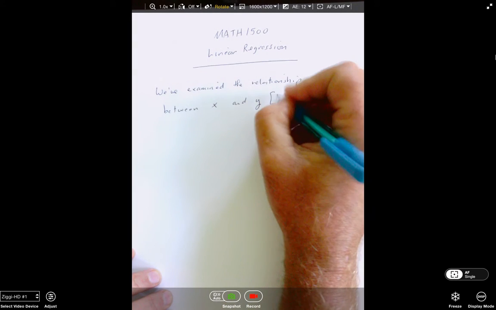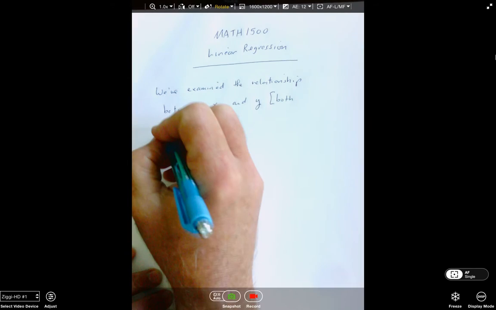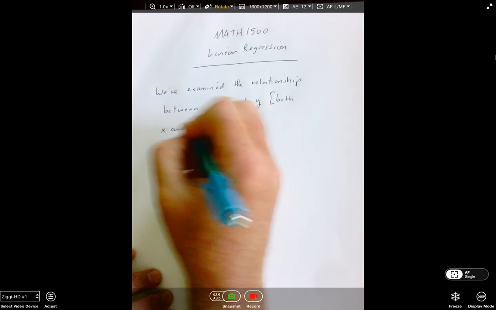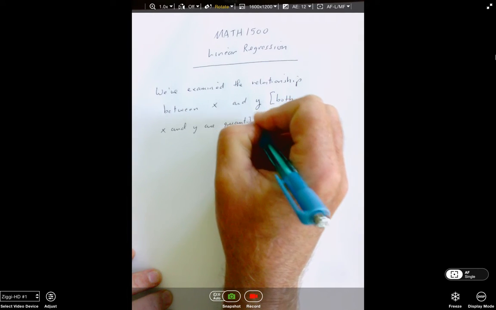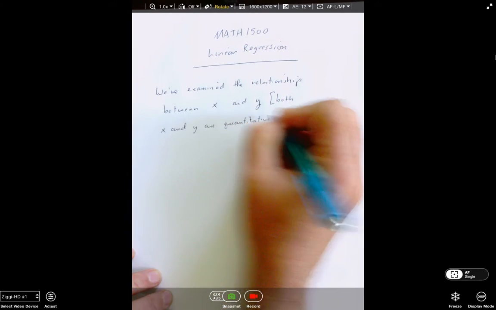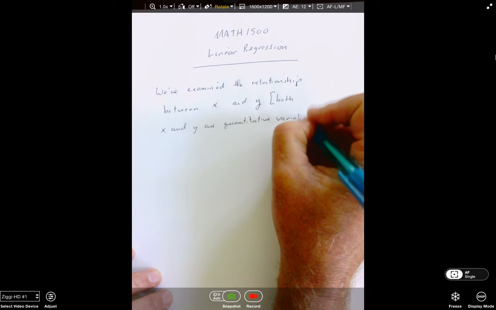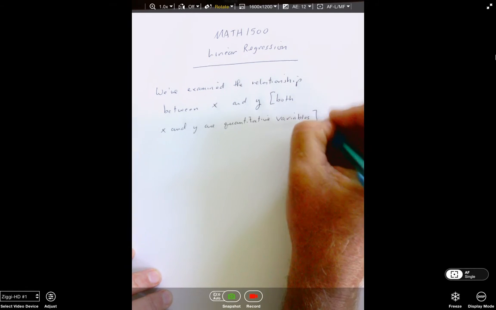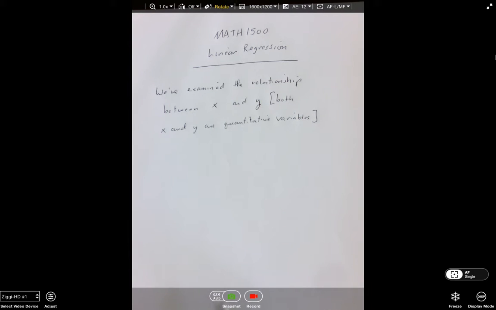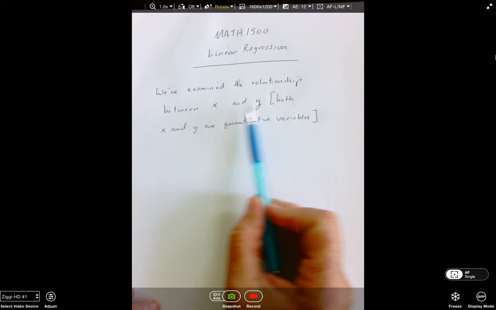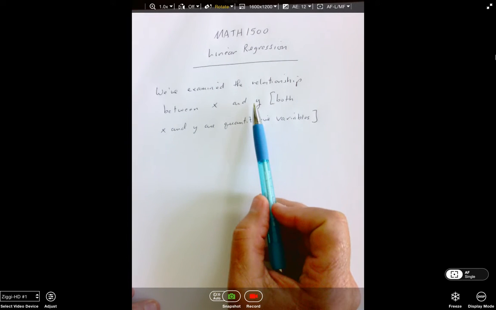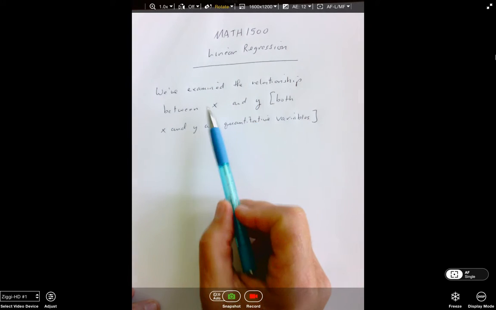And guys, it's important that you understand that both x and y are quantitative variables. So for example, if you're looking at the relationship between gender and ACT score, well, ACT is quantitative, gender is not.